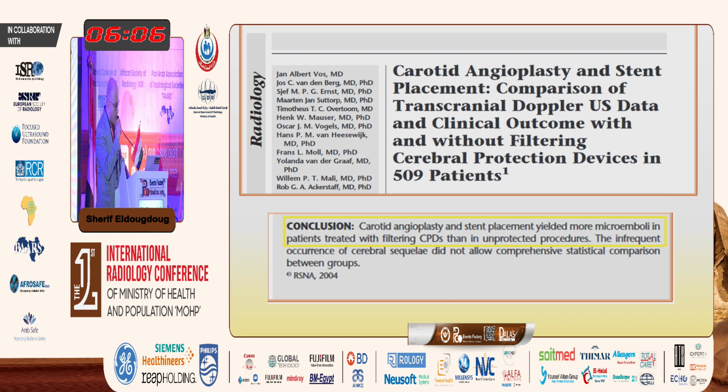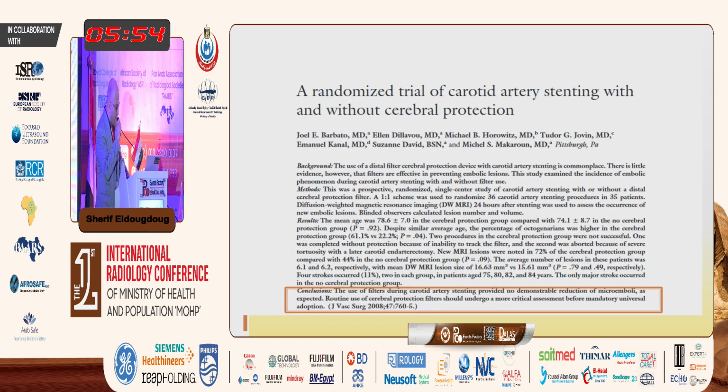This study shows that carotid angioplasty and stent placement yield more micro-emboli in patients treated with filter in comparison to unprotected. And this study shows that there is no benefit from the filter.